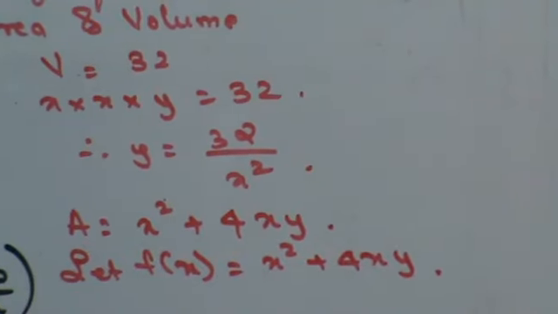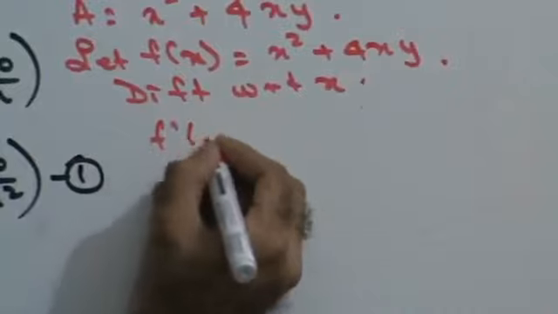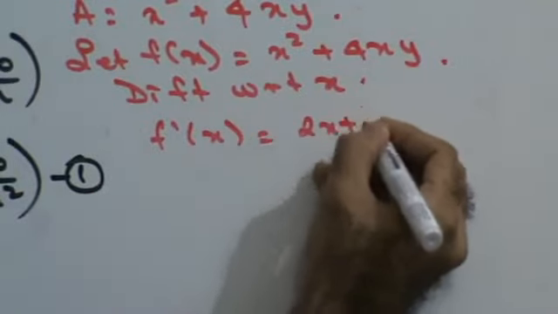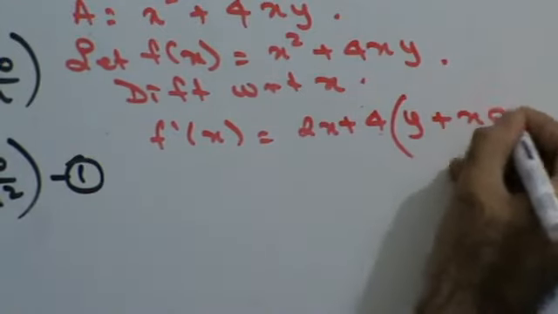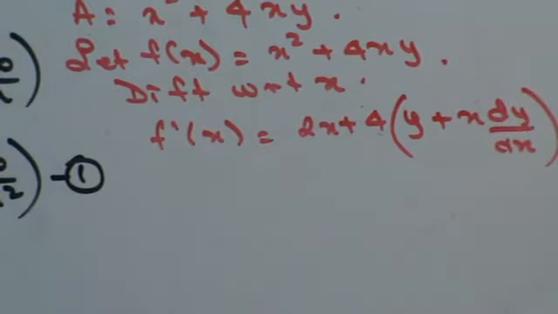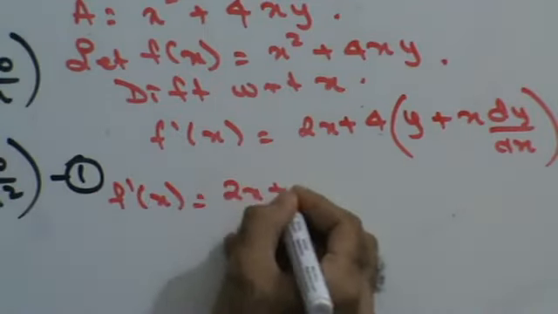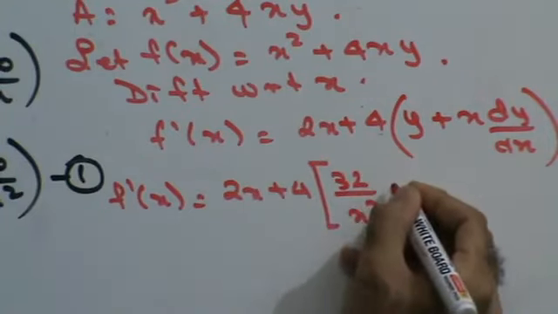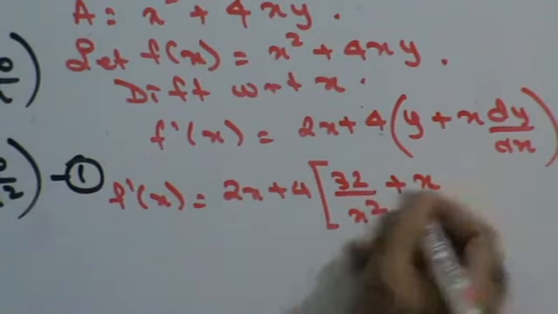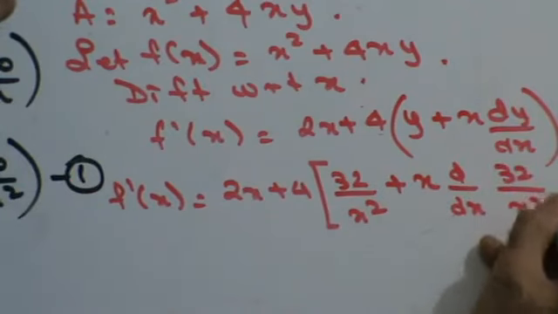Right? In that case, differentiate with respect to x. So I'll get f bar of x is going to be 2x plus 4 times the uv formula: v derivative of u plus u derivative of v. Now I know the value of y, so f bar of x is 2x plus 4 times 32 upon x square, plus x d by dx of 32 upon x square.